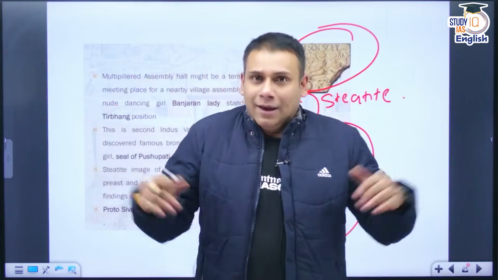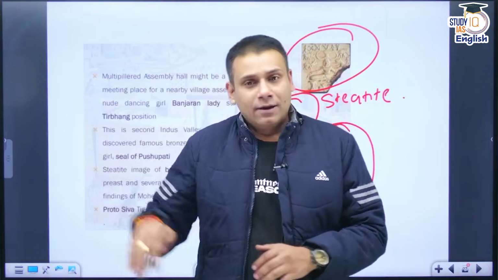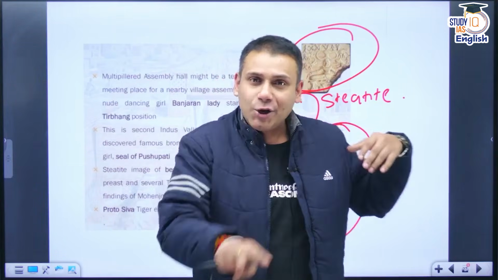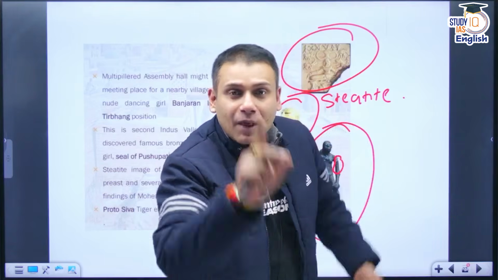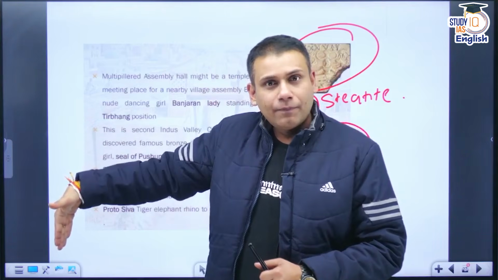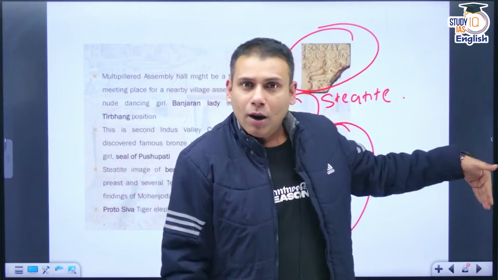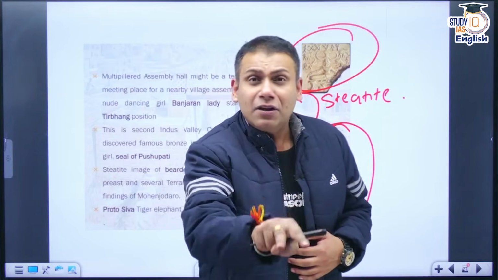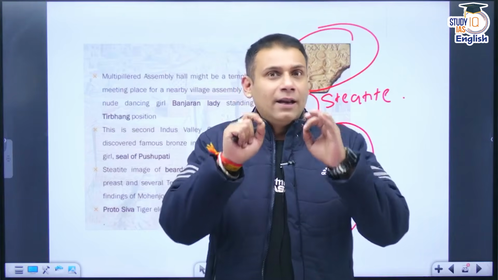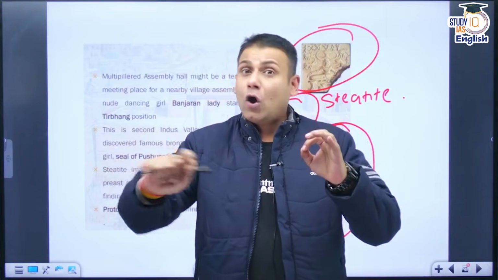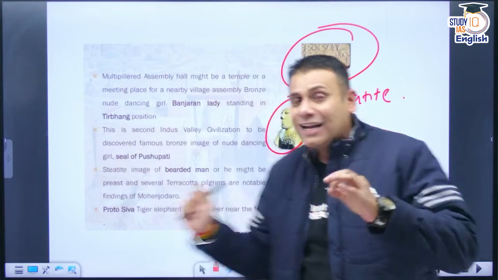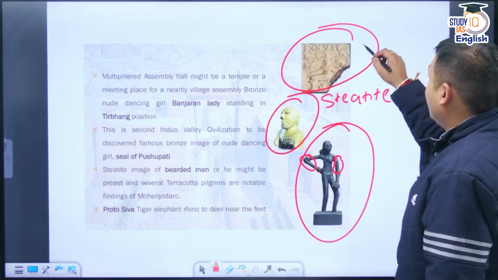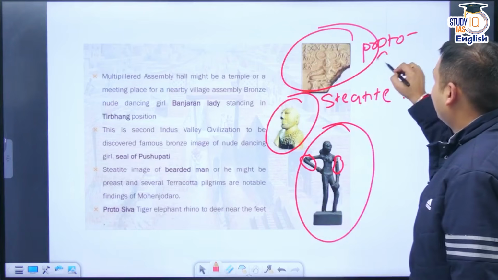And he is surrounded by a few animals: tiger, elephant, bull, rhinoceros, and 2 deer are seated near the feet. Sitting in Samadhi position or Padmasana, and that has been depicted as seal of Pashupati Mahadev or seal of Proto Shiva.